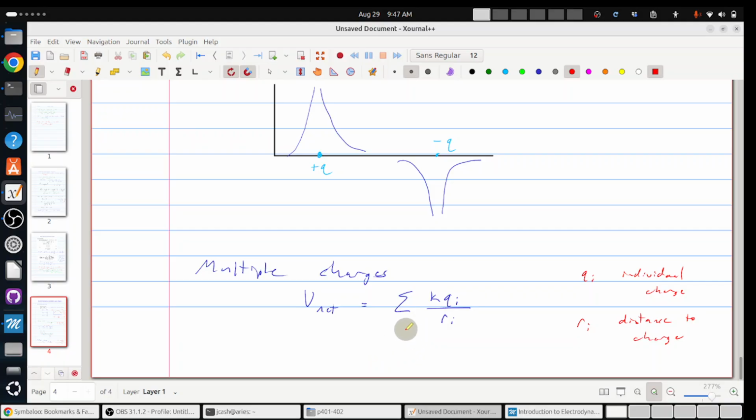And computationally, when you have the sum over it, we can set that up either as a calculation looping over a list or potentially a matrix vector type calculation. Okay?